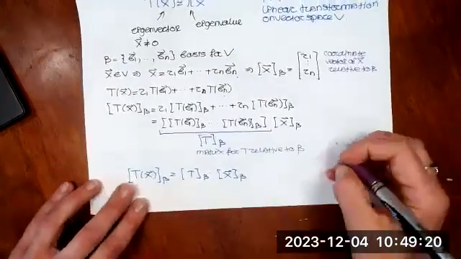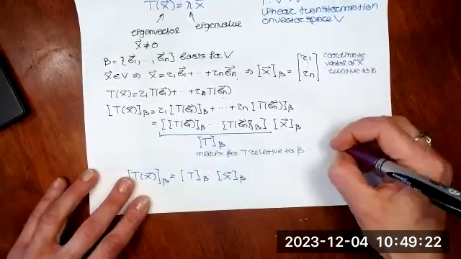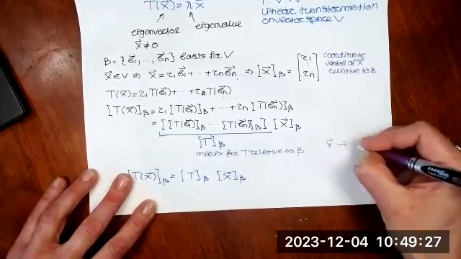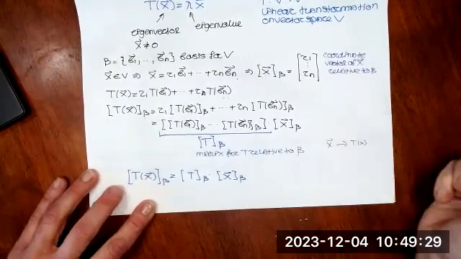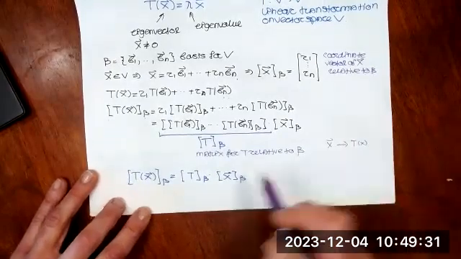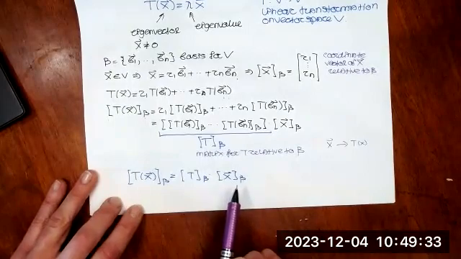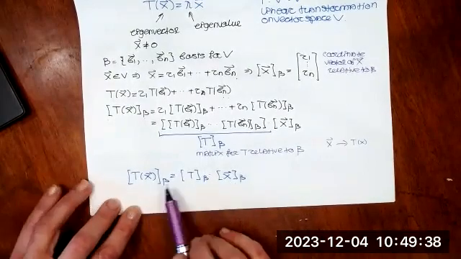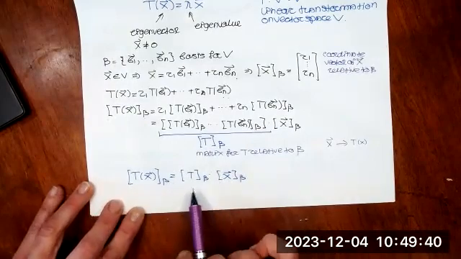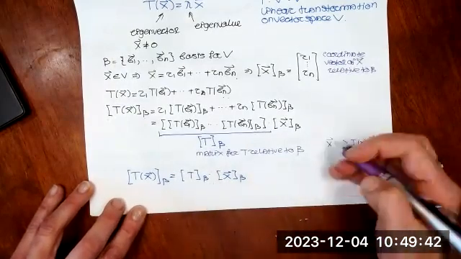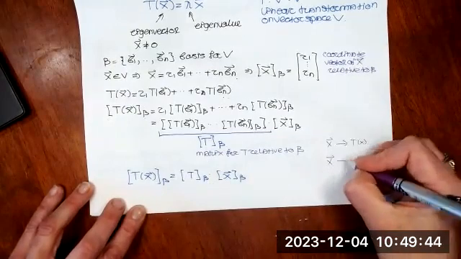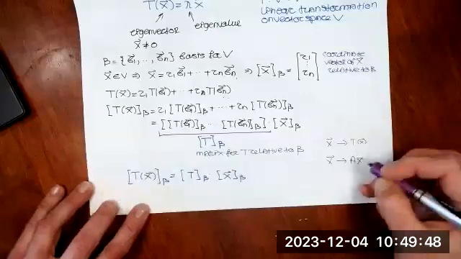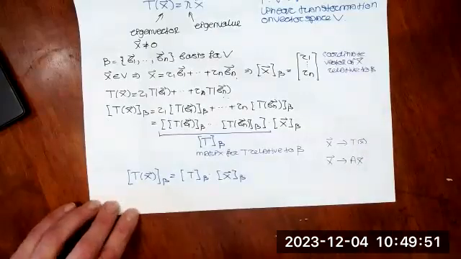Instead of looking at what happens to x, where the transformation takes x to T of x, here I'm looking at what happens to the coordinate vector of x and the coordinate vector of T of x when I apply T. So I'm switching to looking at what happens when I multiply the coordinate vector by some matrix A that is equivalent to the action of that linear operator.